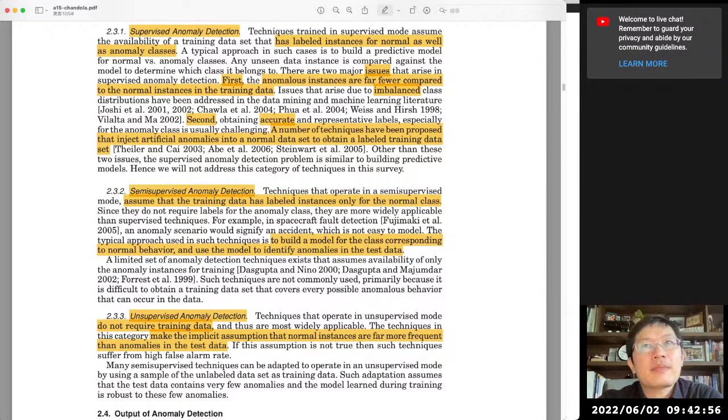Some techniques have been proposed to inject artificial anomalies into normal data, so that we could have high quality artificial anomalies. That means you can collect a lot of normal data. They're real data, but you don't have anomalous data.